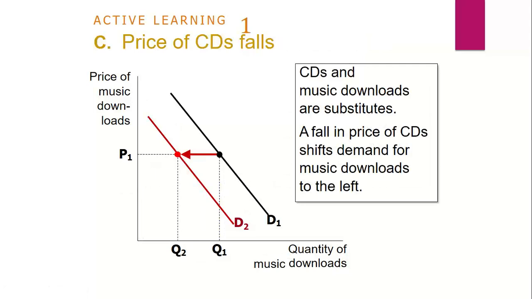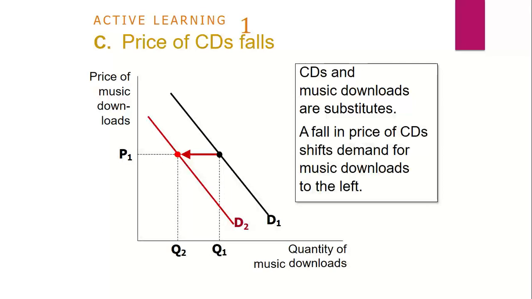Answer of part C, the price of CDs falls. CDs and music downloads are substitutes. A fall in the price of CDs shifts demand for music downloads to the left-hand side. So this red line or D2 is the new demand curve.